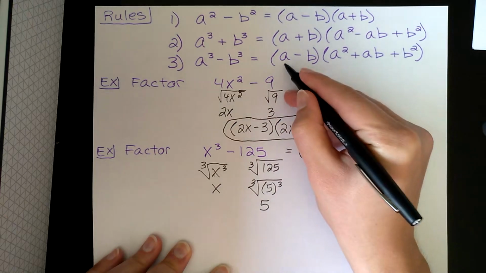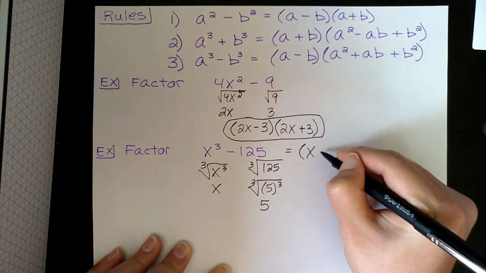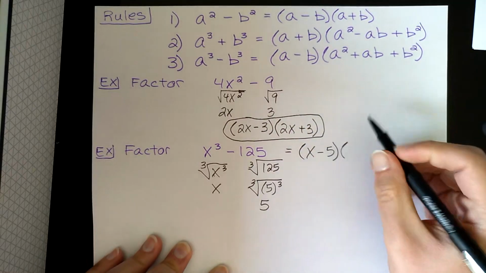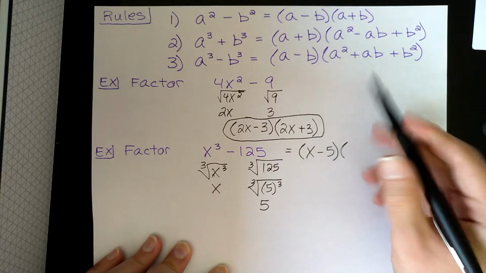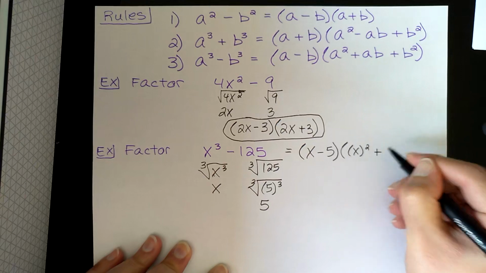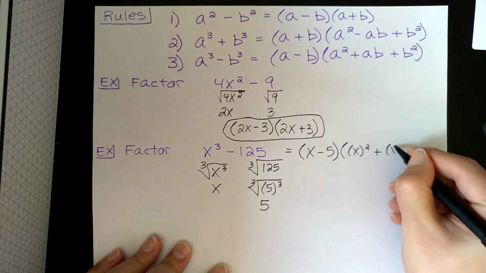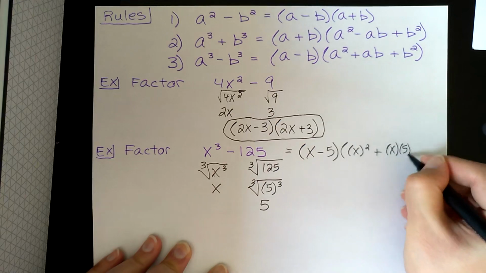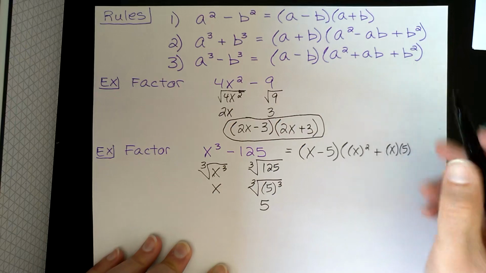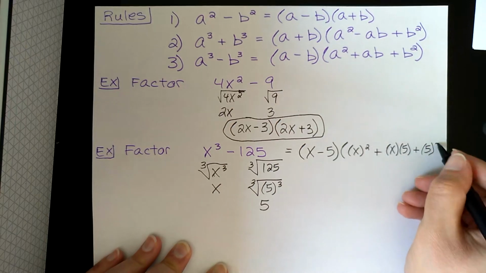We get the first term, x, minus the second term, 5, times the first term squared, x squared, plus the first term times the second term, x times 5, plus the second term squared, plus 5 squared.